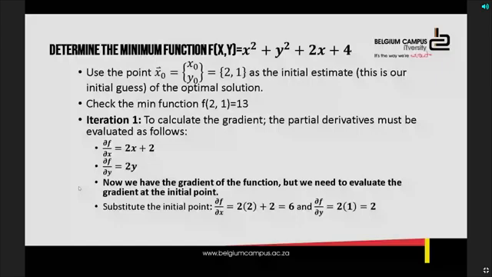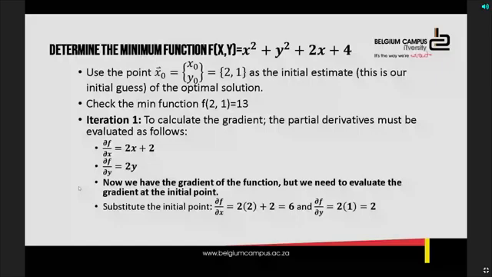That's a bit of a recap, but not so deep, because we don't do the second derivative. The second derivative is for checking if it's concave or convex. Here we stop at the first derivative because we just want the gradient, and then we want to move.